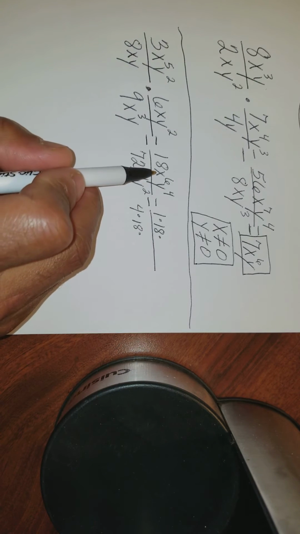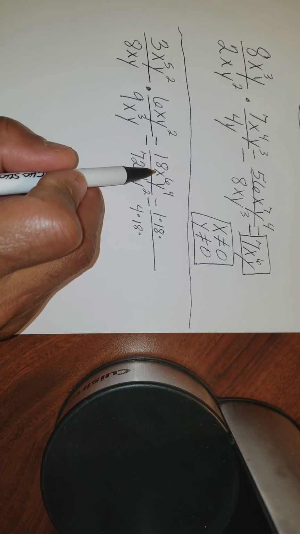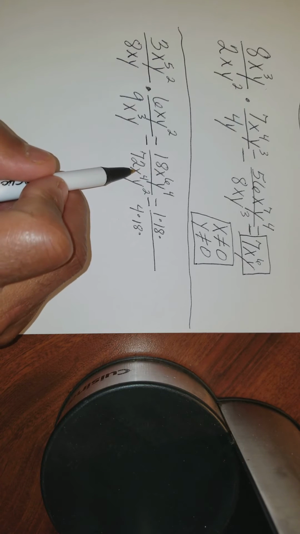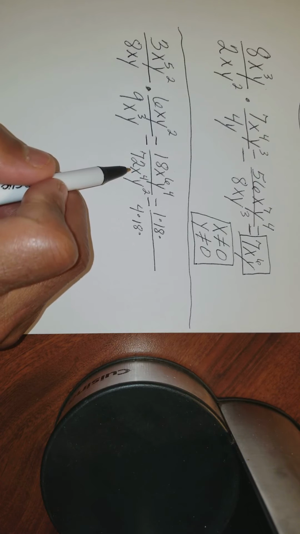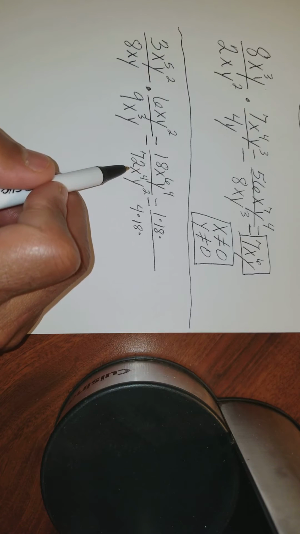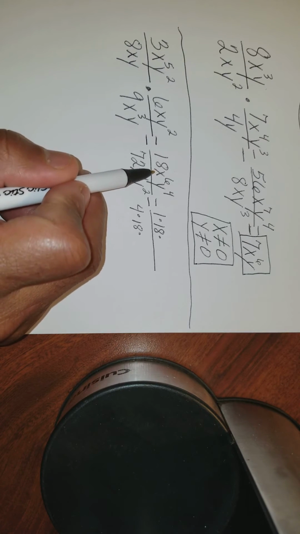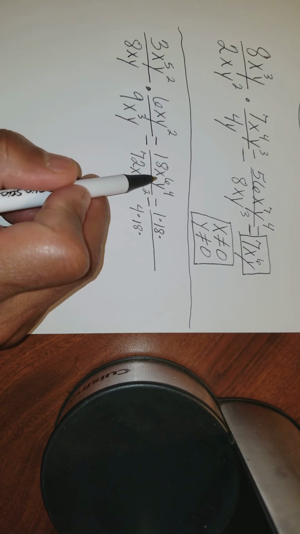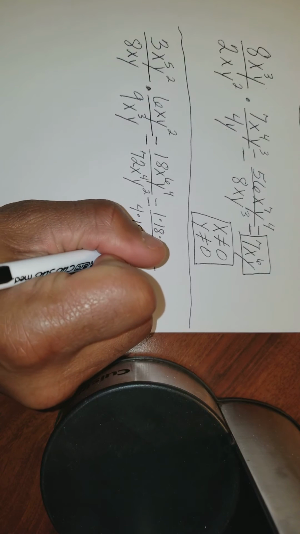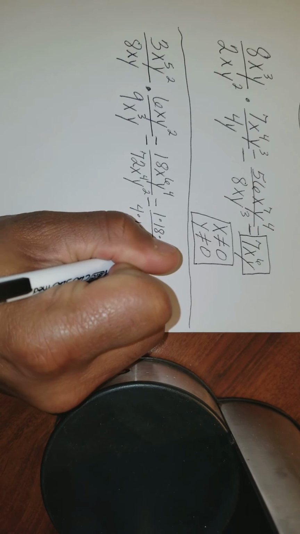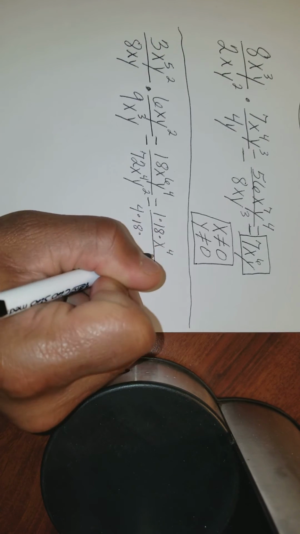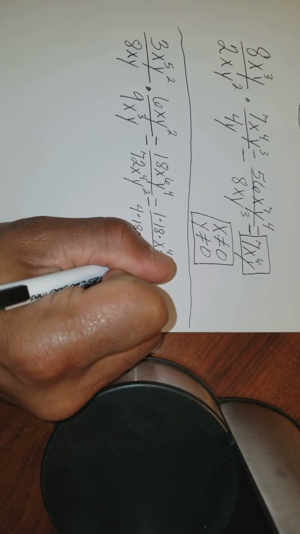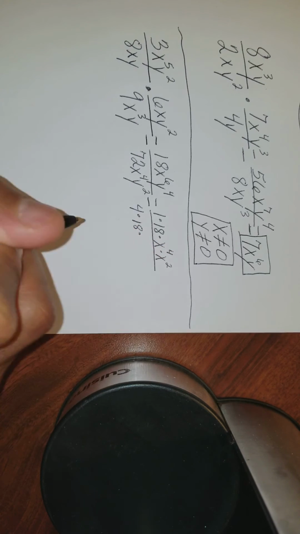Here I have 6 x's in my numerator, but only 4 in my denominator. What I want to do is show you guys common factors. So I'm going to take this x to the 6th and break it up into one group of x to the 4th and a group of x squared. So here I'll do x to the 4th power times x squared.